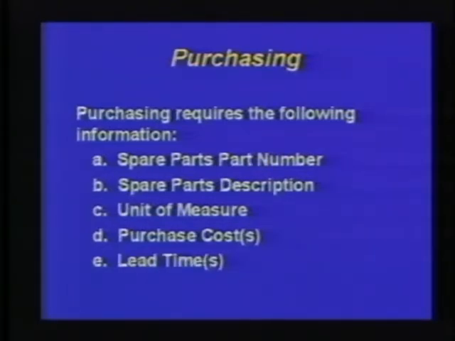We also have the lead times under E, and again, it could be 1 lead time for 1 supplier or multiple lead times if we have more than 1 supplier. Then item F indicates all of the supplier information. And there's a myriad of data that would go into that particular record unto itself.